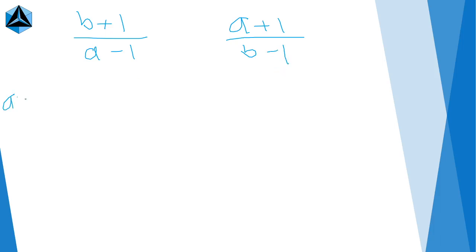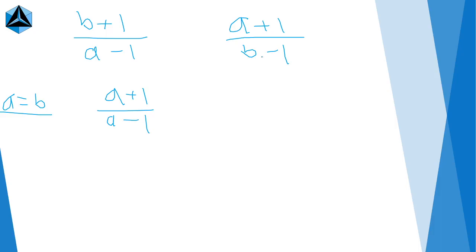If a is equal to b, then we can rewrite these as a plus 1 over a minus 1, and this ends up being the same thing, a plus 1 over a minus 1. Since they're both the same thing, we now have this one fraction that we only need to make an integer. Now, this seems much easier to do.